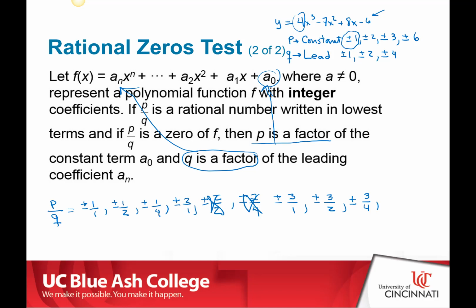Then I'm going to go to the last factor, which is 6. And that's going to give us plus or minus 6 over 1, plus or minus 6 over 2, plus or minus 6 over 4. Are any of those repeats? Yeah, the 6 over 2 is the 3, which is right there. The 6 over 4 is a repeat of 3 over 2.